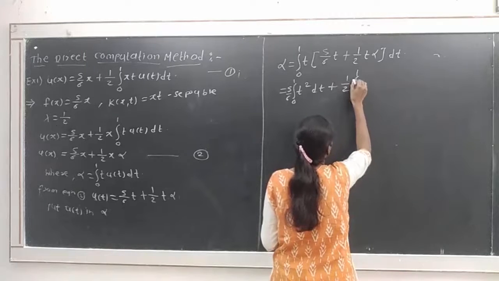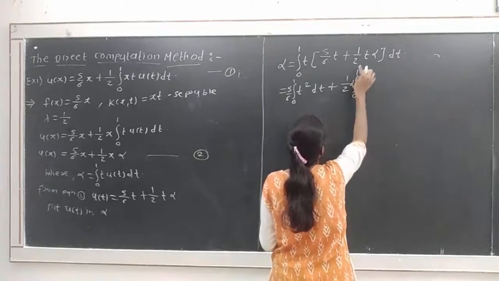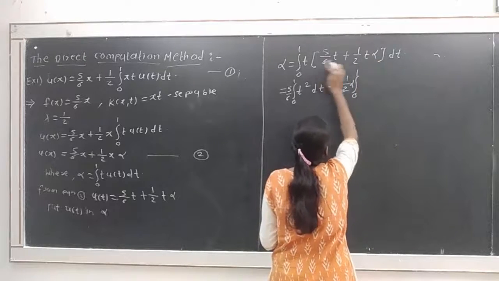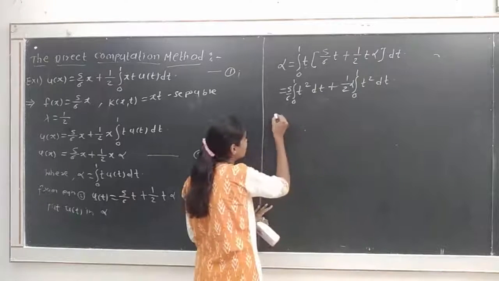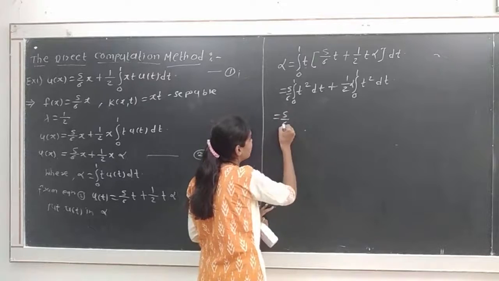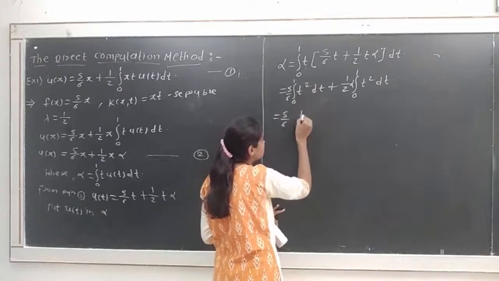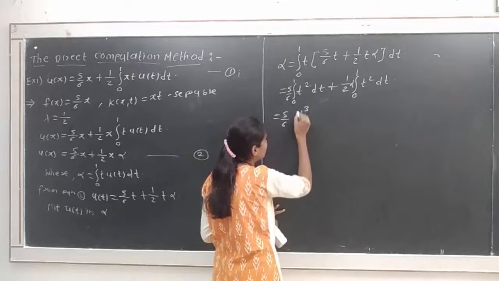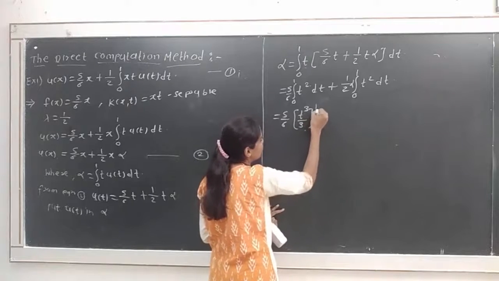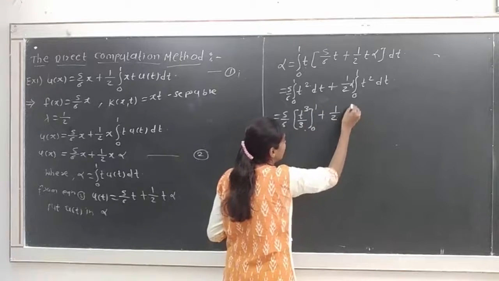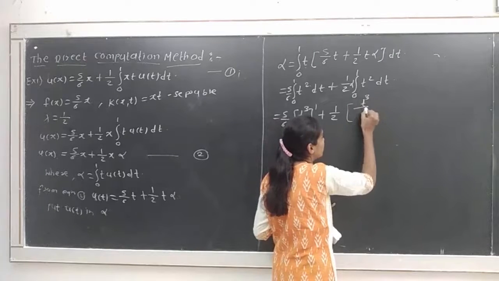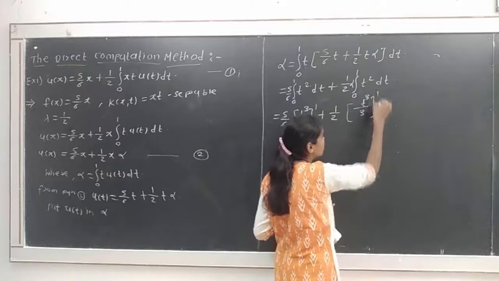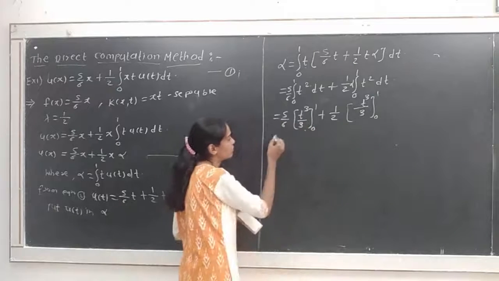Also this alpha will be constant, so we take it outside, then this t into t becomes t square dt. Okay, then we take the integration: 5 divided by 6, integration of t square will be t cube divided by 3 from 0 to 1, plus 1 by 2, integration of t square again t cube divided by 3 from 0 to 1. Okay, then we put in the limits.